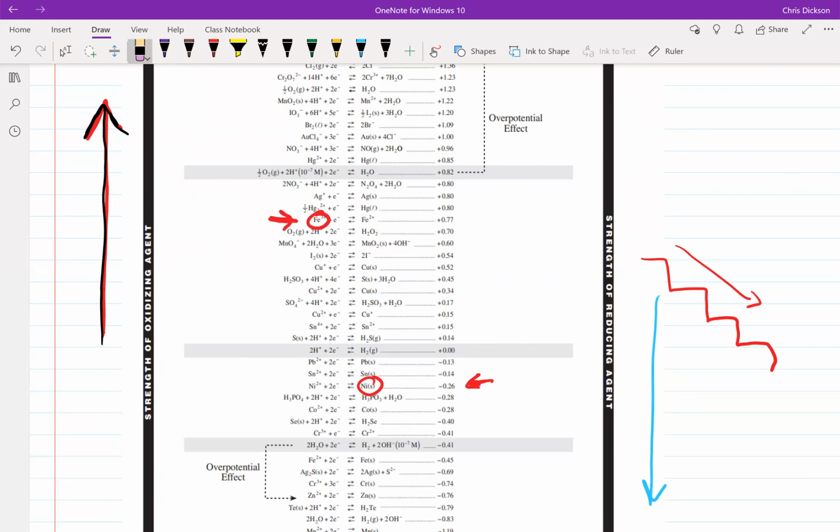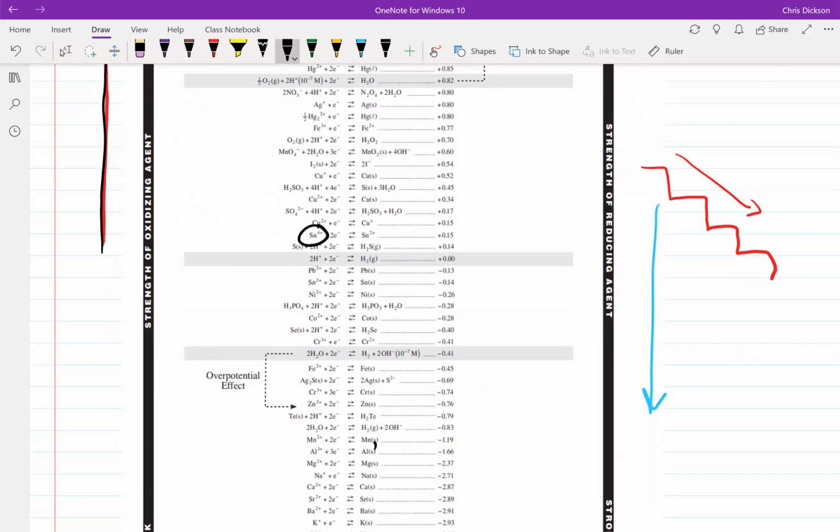What about, let's just pick random chemicals again, tin 4+ and aluminum. Do you think that would be spontaneous or not? That would be spontaneous, because going from tin 4+ to aluminum, you're going downhill, and that's going to be classified as our spontaneous reactions.